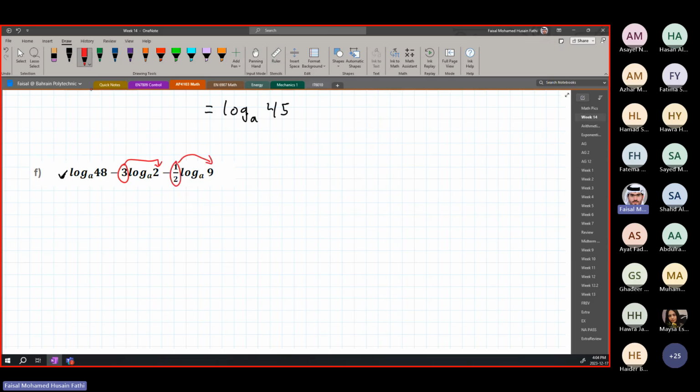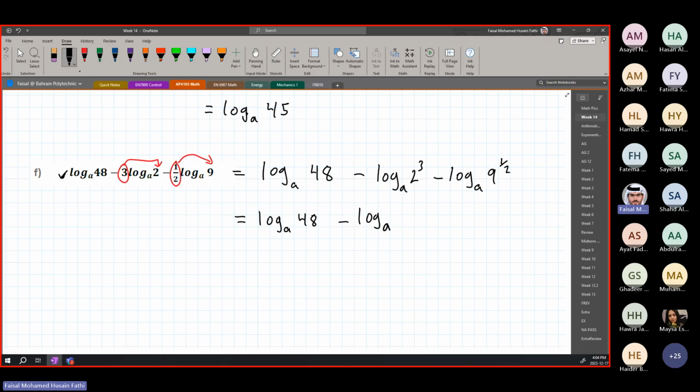So this is going to be equal to log A of 48 minus log A of 2 to the power of 3 minus log A of 9 to the power of half. Simplifying this is log A of 48 minus log A of 2 to the power 3, which is 8, minus log A of 9 to the power of half, which is 3. Square root of 9 is 3.